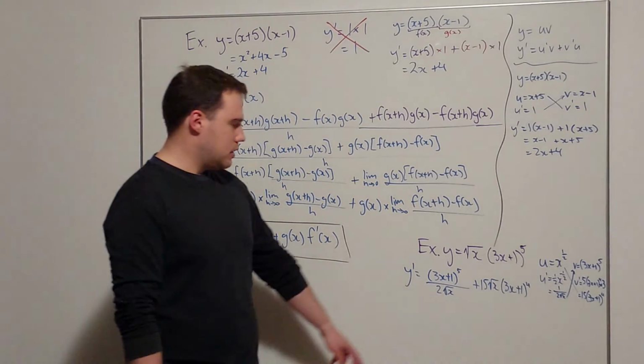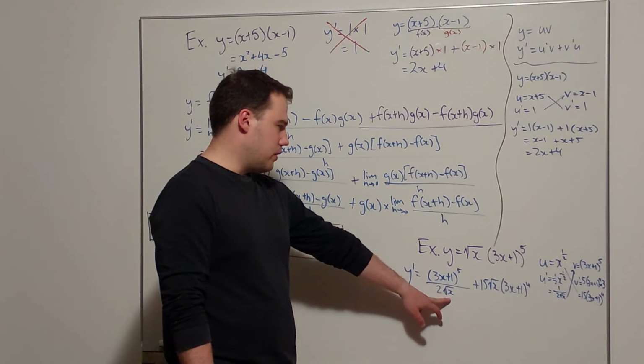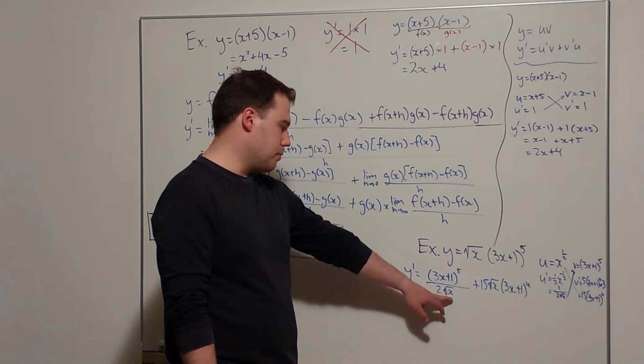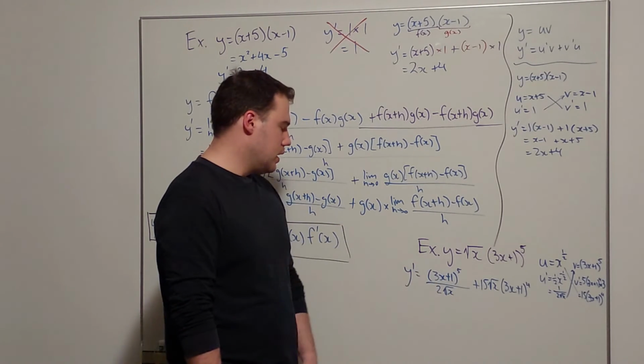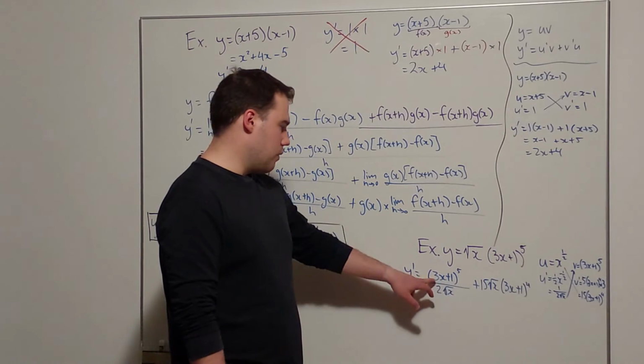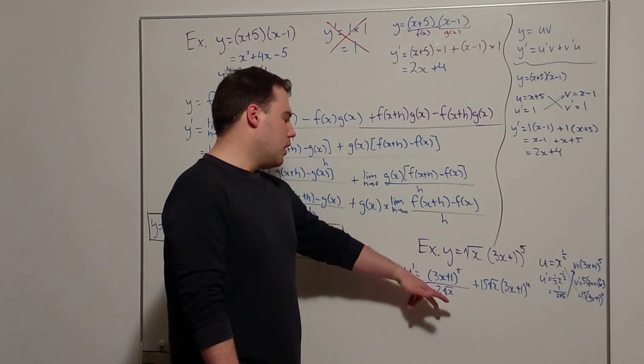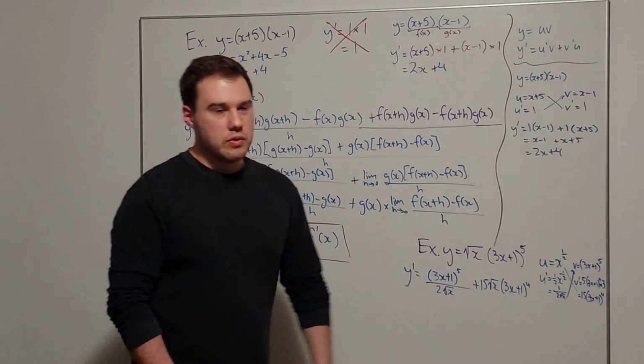And then you've got a root x on the bottom. So we could rationalize the denominator by timesing top and bottom by root x, and that 3x plus 1 times by root x on the top. We could keep fiddling around with this.